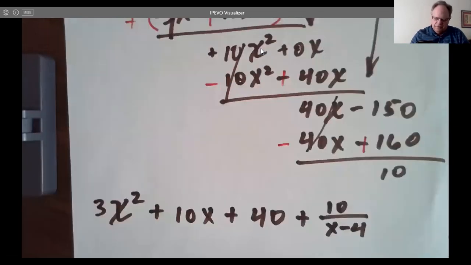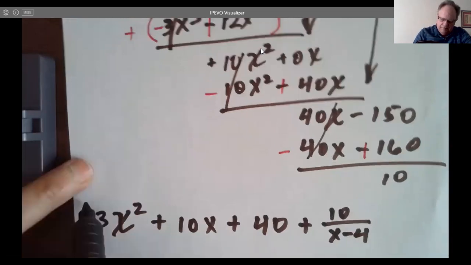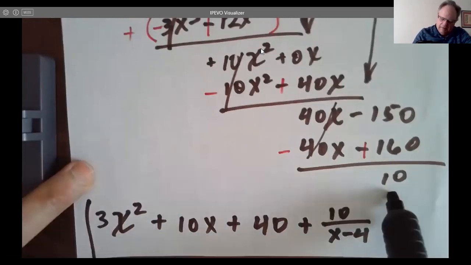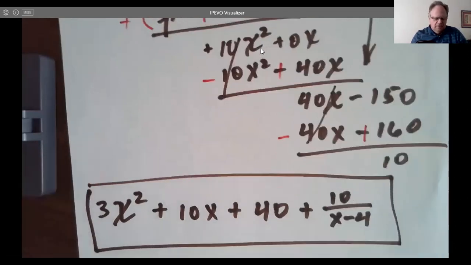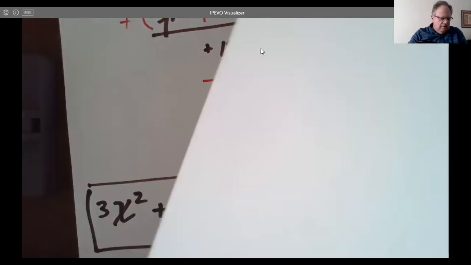And this is your answer. Okay, you have your quotient, your remainder, and your divisor always goes underneath the remainder. Any questions with that? Okay.